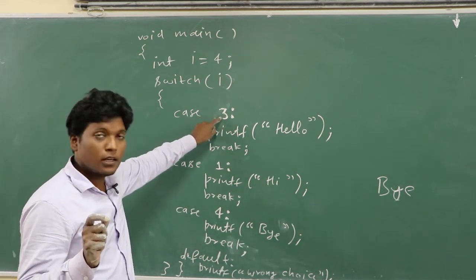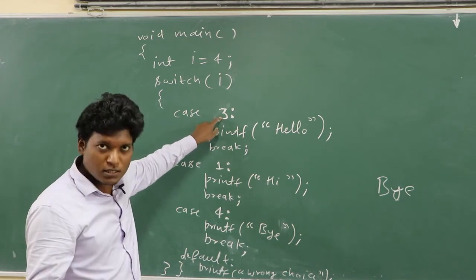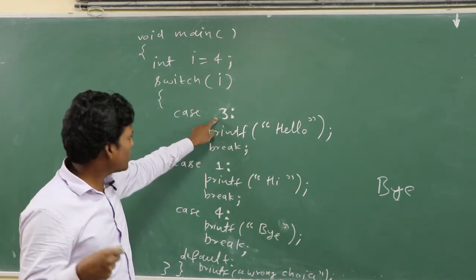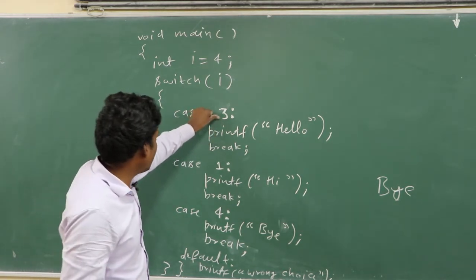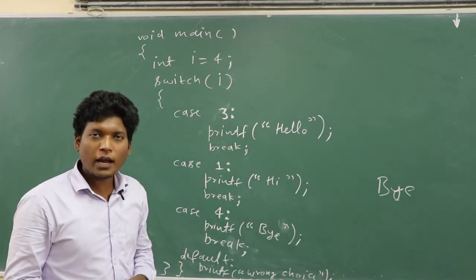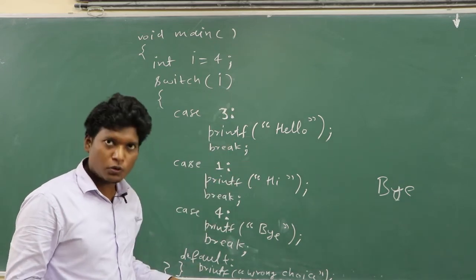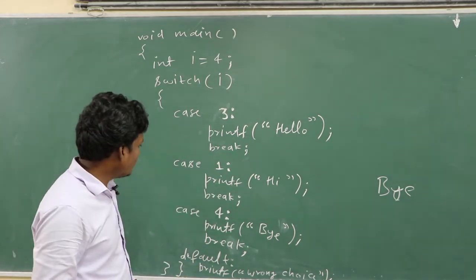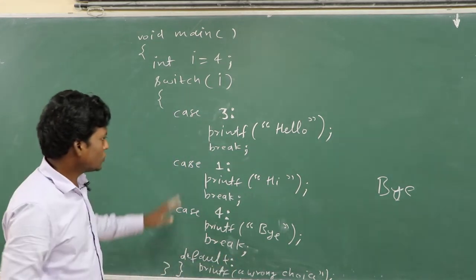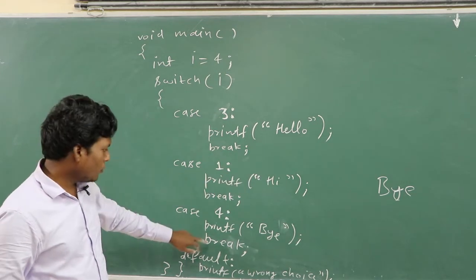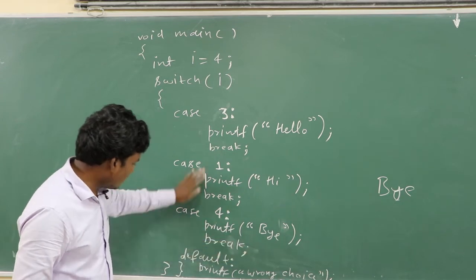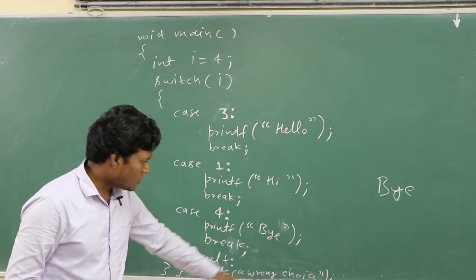You may write case 3 first, case 22 first, case 100 first. It's your wish what you want to write. Either case 1, case 2, case 3, case 4, or case 3, case 9, case 1, case 0, like this. So the result is bye. If you remove the break, then the result will be bye as well as wrong choice.